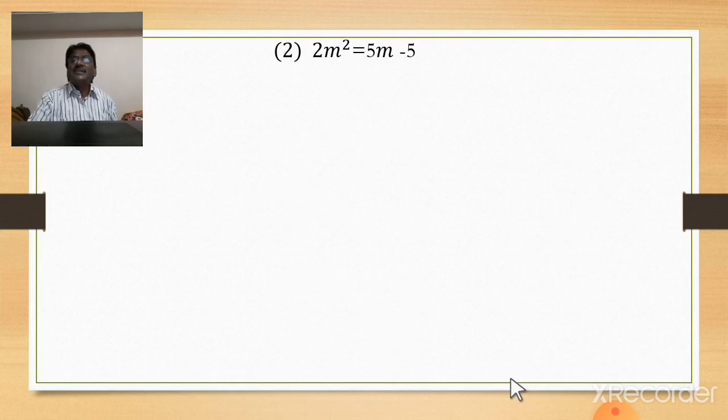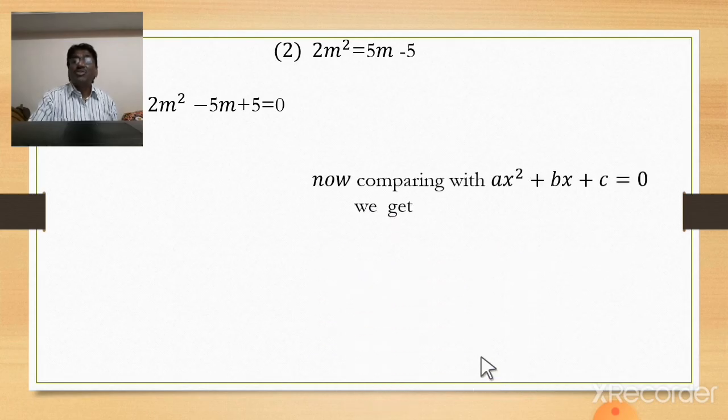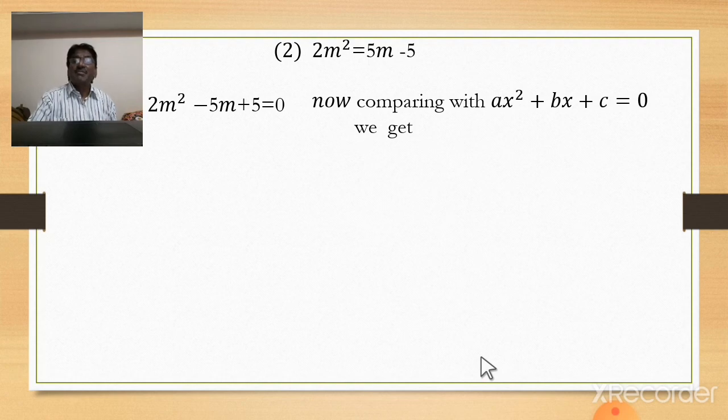Now this is a second example, that is 2m square is equal to 5m minus 5. It is not in general form, therefore first we write this equation in general form, or we can say in standard form. Then we get 2m square minus 5m plus 5 is equal to 0. Now we compare with ax square plus bx plus c is equal to 0.